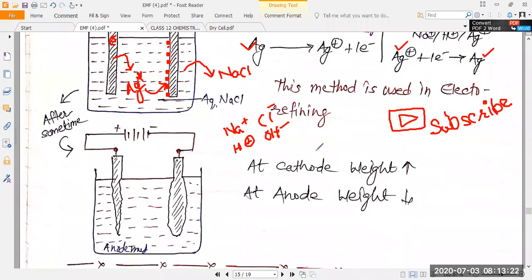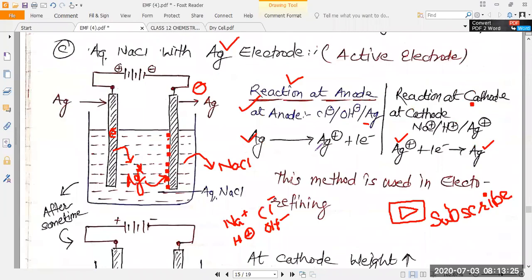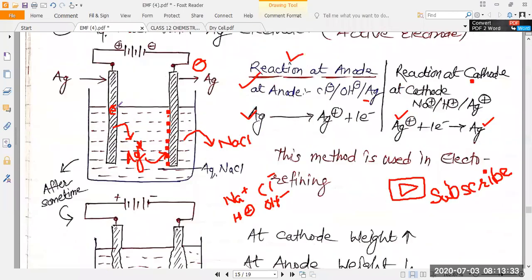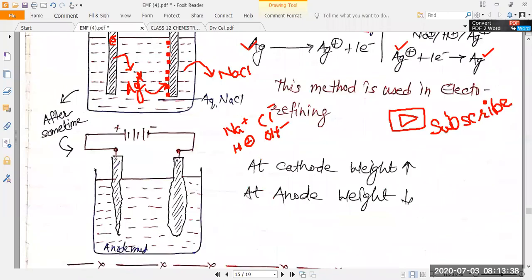So these are the reactions when we take an active electrode in an electrolytic cell. After some time, what happens? The anode rod, the positive silver rod, will become thin, and the cathode rod, due to deposition of silver atoms over the silver electrode, becomes thick.